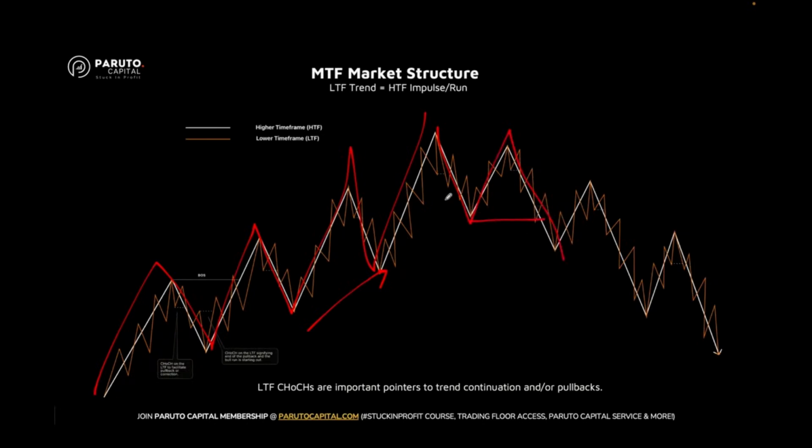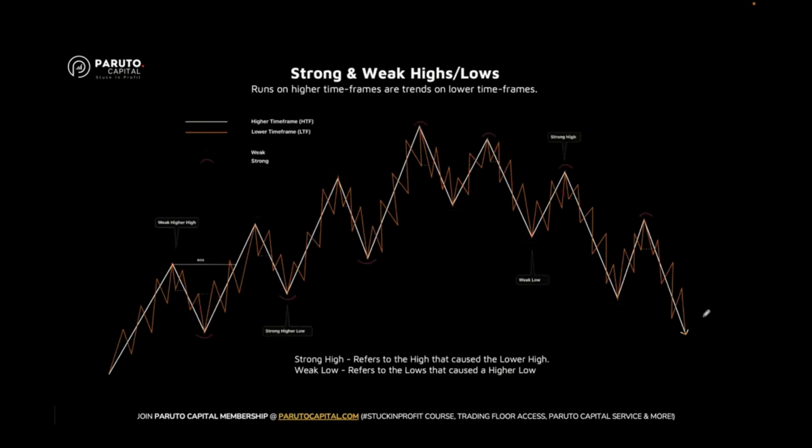So this is telling us that this impulsive move up, this trending bullish market, is slowing down and is about to change character to the downside. And then that's what happens, right? It changes character and pulls back a little bit, continues, and then pulls back a little bit and then continues, right? That's how the market literally works.